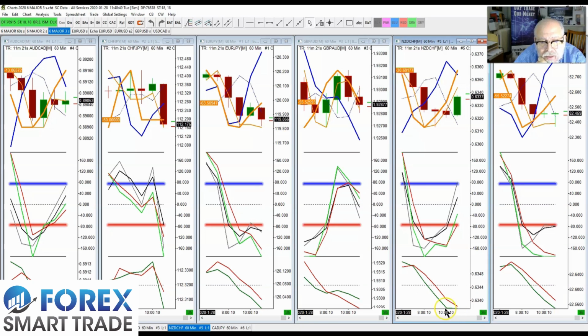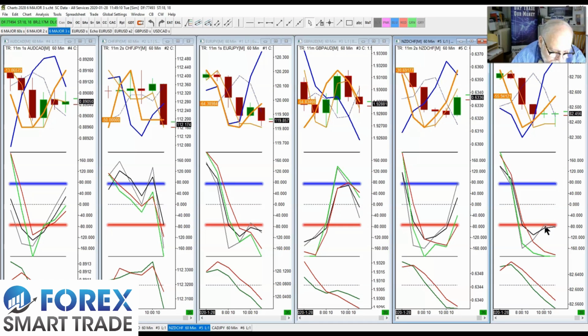It hasn't started pointing up yet, but it's going sideways. So when this crosses, this is a good signal here, but it's not quite there yet. And CAD yen not pointing up.